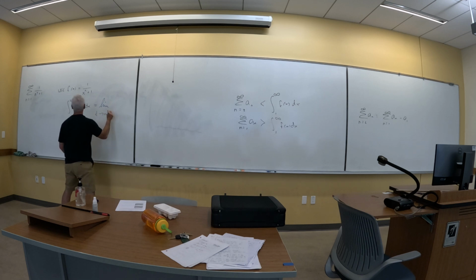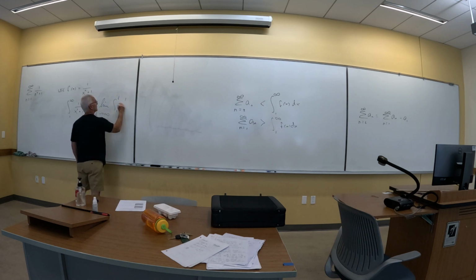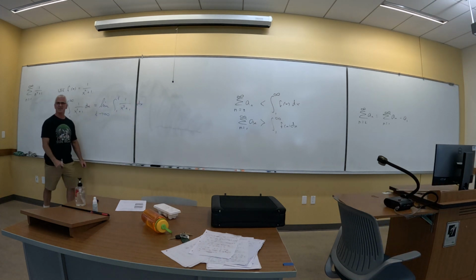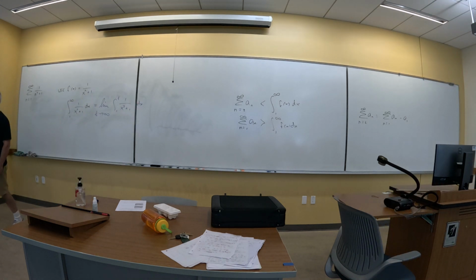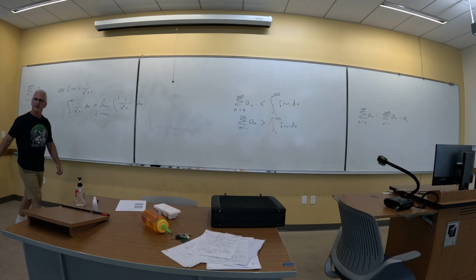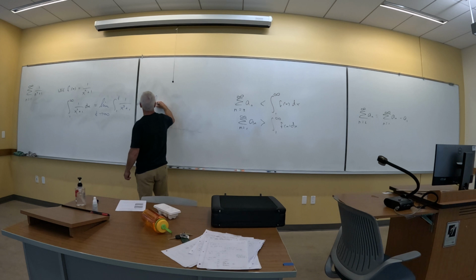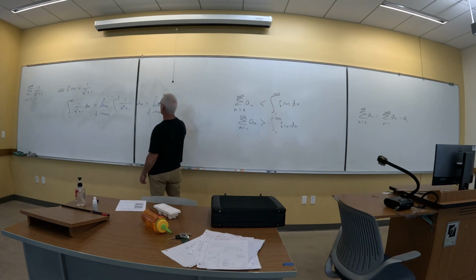Let's say as t goes to infinity of the integral from 1 to t. Now, this is not a scary integral at all, is it? Do we know the antiderivative? What is it? Inverse tan. Yeah, this is a happy one. So I have the limit of inverse tan from 1 to t.